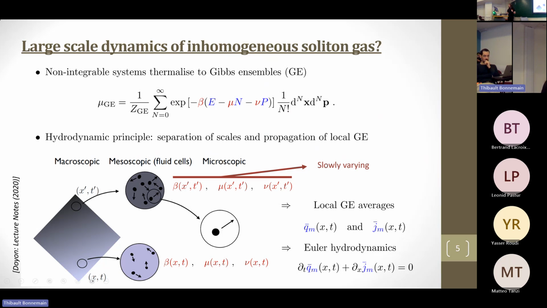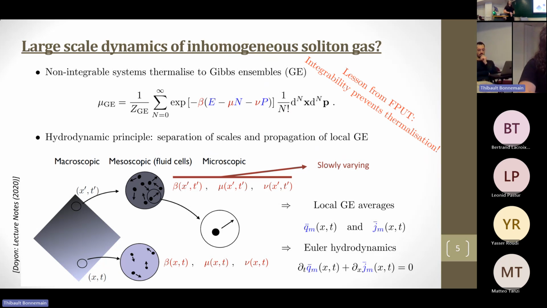With that, we can construct the Euler hydrodynamic equations, but there's somewhat of a problem, because the Soliton gas here is supposed to represent a solution to the KdV equation, which is integrable. And if you recall from last time, Fermi, Pasta, Ulam found out that integrability tends to impede thermalization.